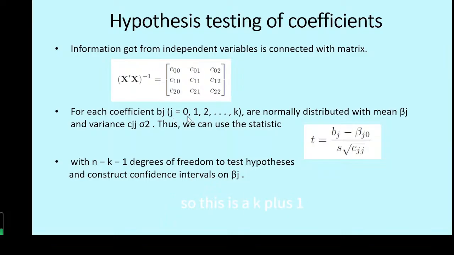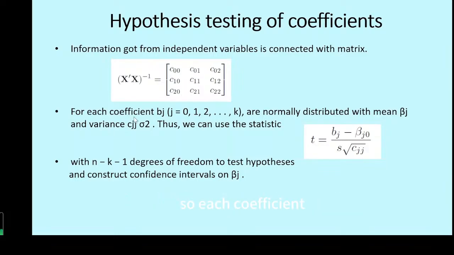So this is k plus 1 coefficients. Then these coefficients are normally distributed with the mean called beta j, which is in regression model with the real value, and with a variance called Cjj times sigma square. So Cjj comes from this matrix.